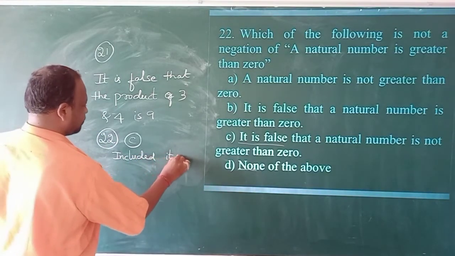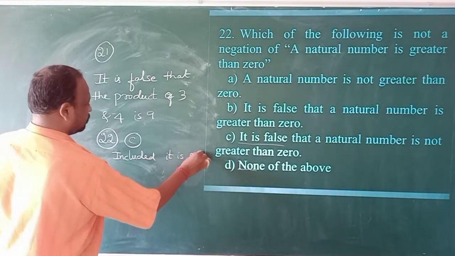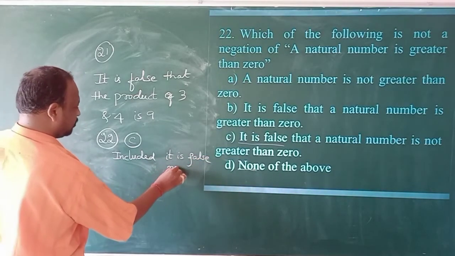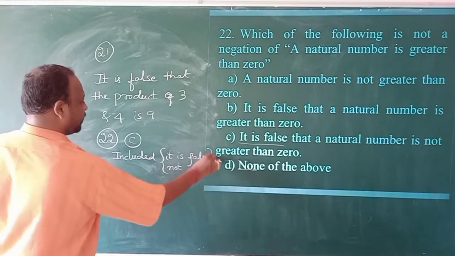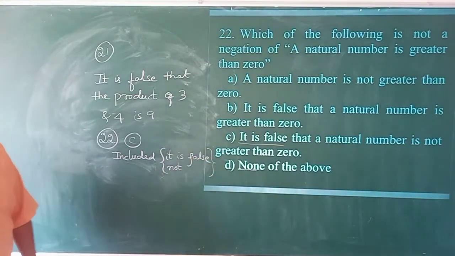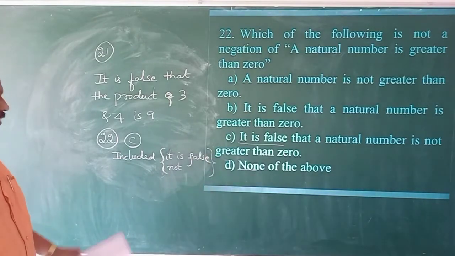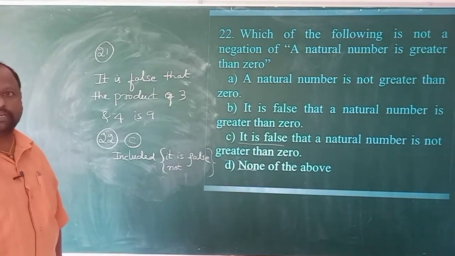Both words are included. So option C is not the negation. For the negation they have to include either one.